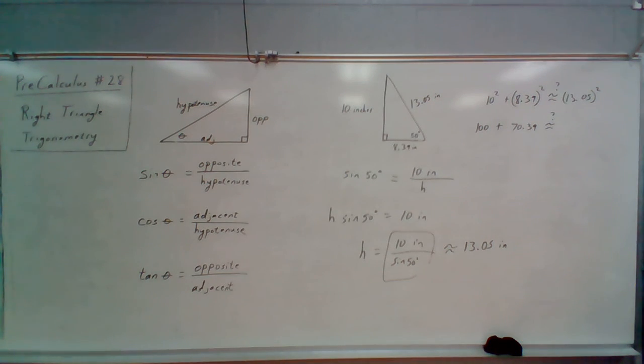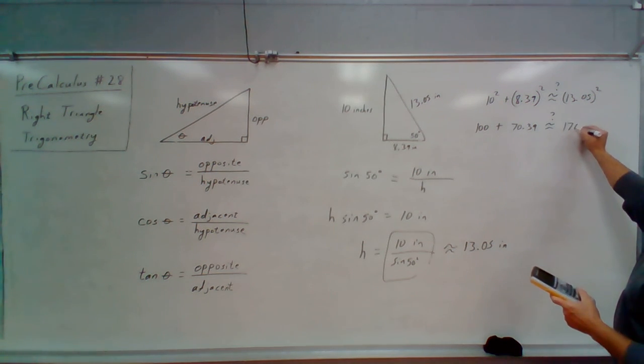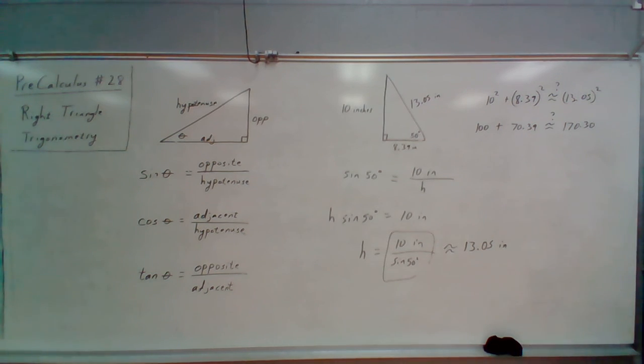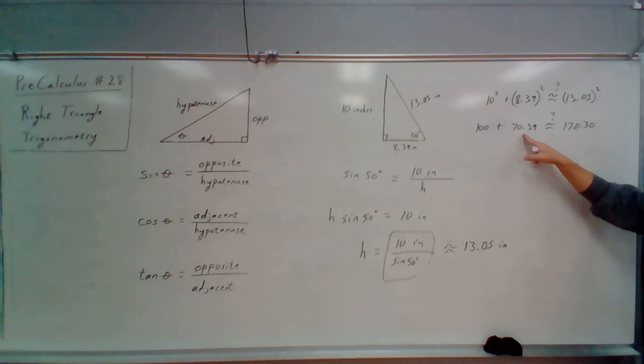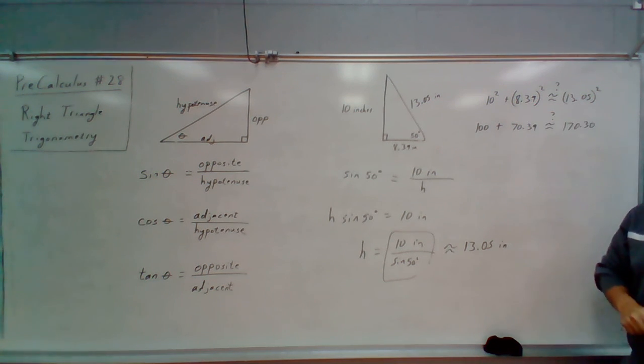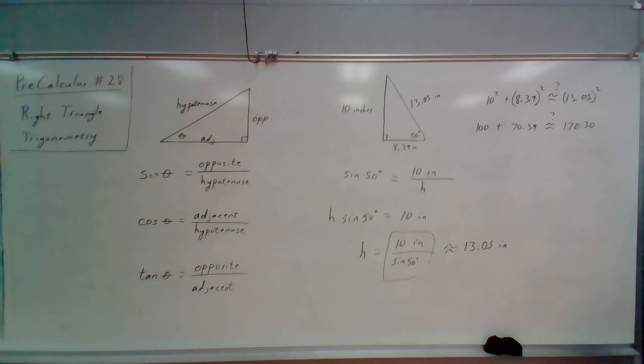And then 13.05 squared is 170.30. Also, is this true? 100 plus 70.39, that would be 170.39. And you can see it's really close. It's not exact because, again, we rounded these numbers off. They were approximations. But it's close enough that we can be confident that those are correct.